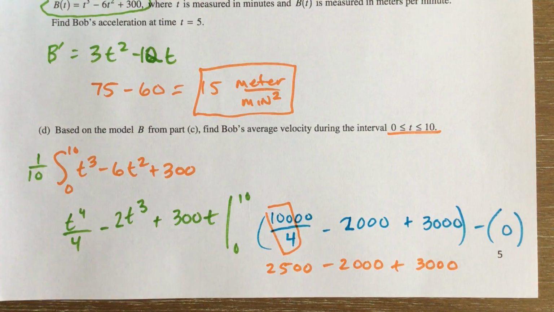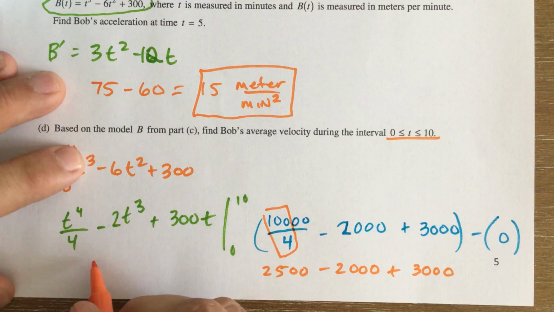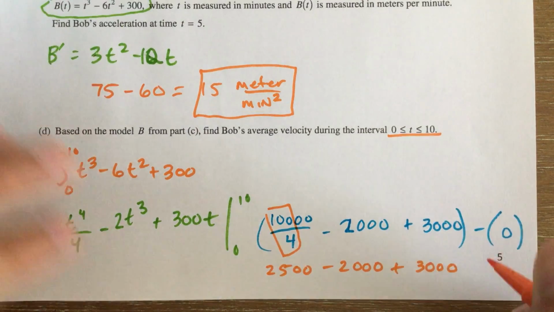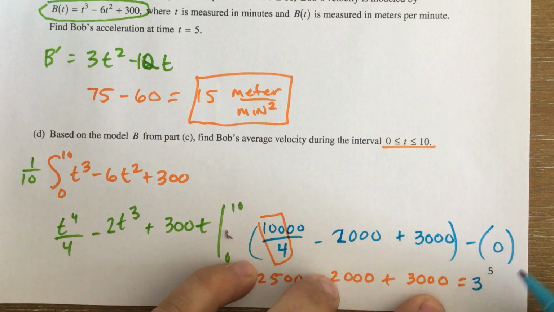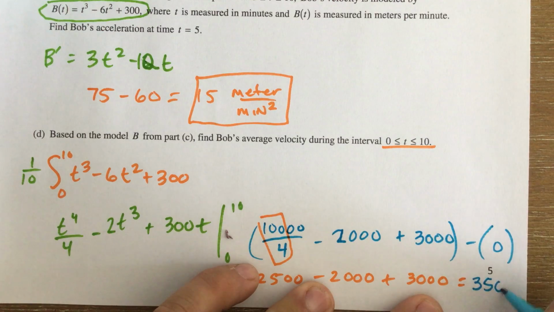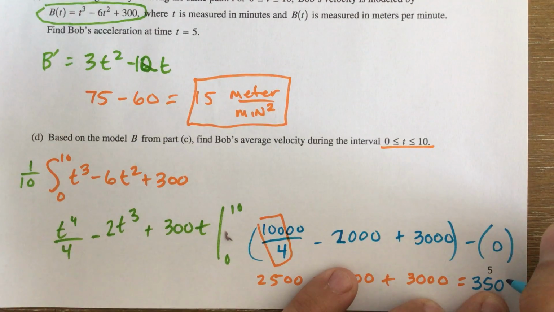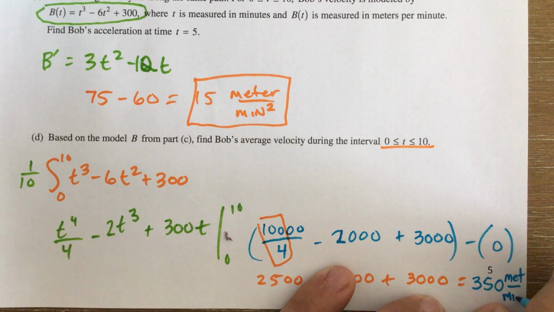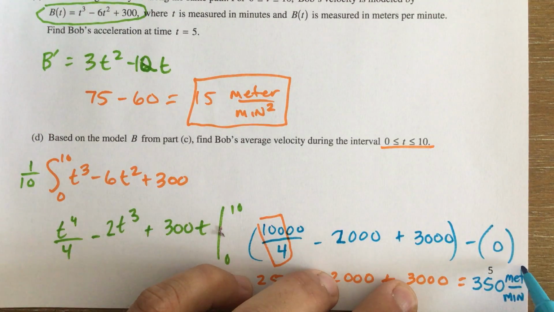So that right there is 500 plus 3,000, which is going to equal 3,500, but I'm dividing by 10, so it's just going to be 350. It just knocks off one of those zeros. And I will mention the units. It's going to be meters per minute. This is the average velocity, so that is velocity, meters per minute.